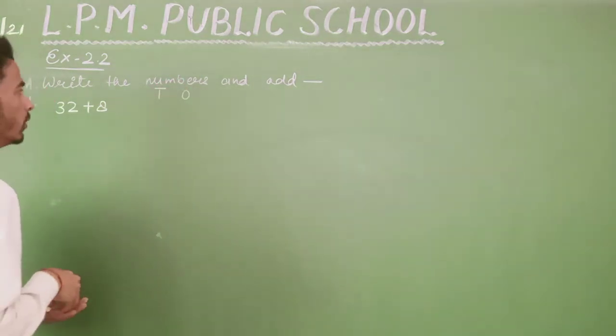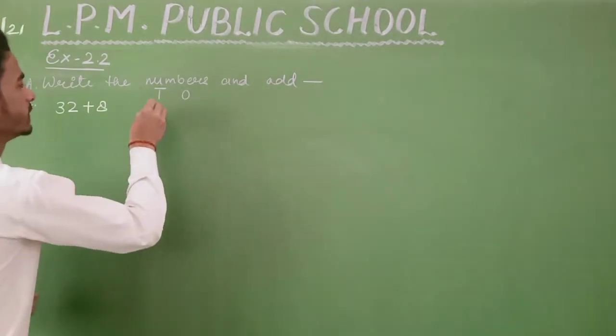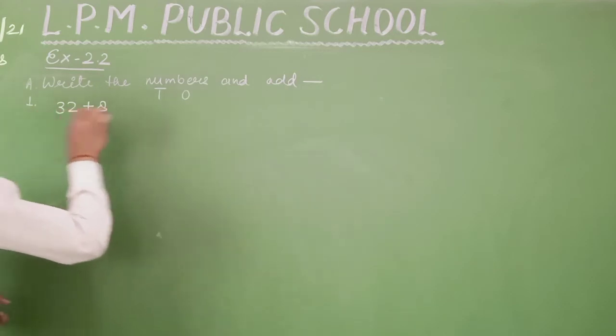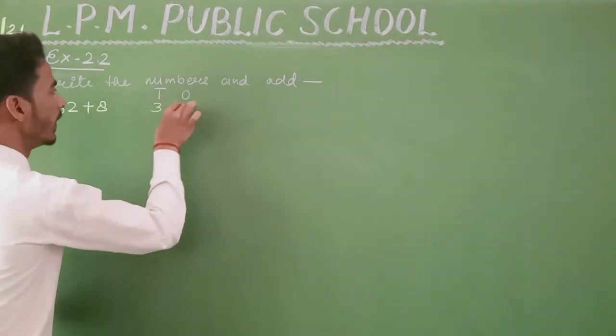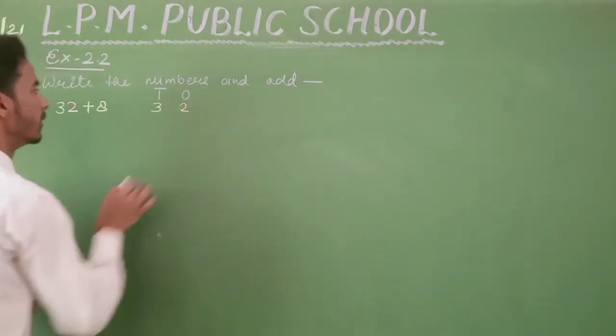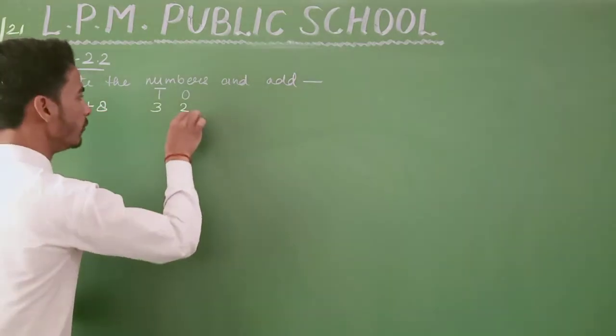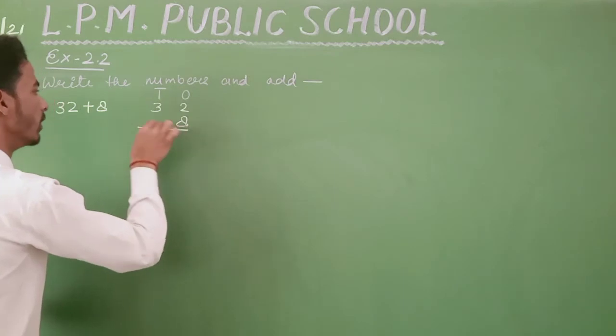We have to arrange them. In 32, 2 is ones and 3 is tens, so 3 tens, 2 ones, and 8 is ones, so we write it in the ones column.